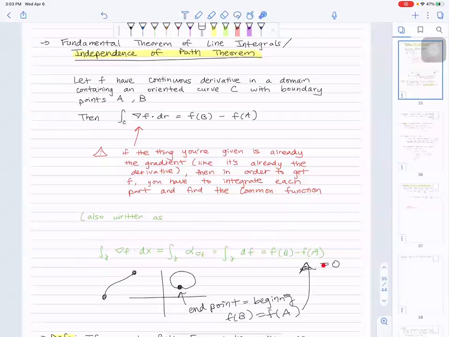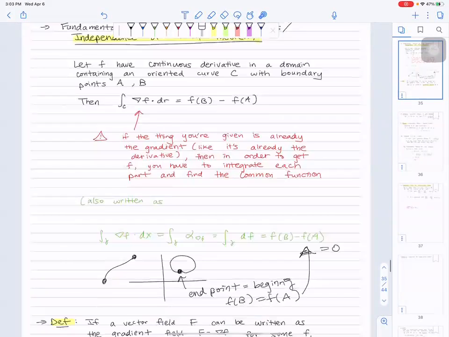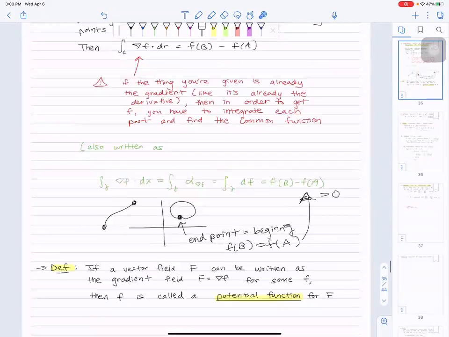You can only use this theorem if f is a gradient, which we will show by using the component test. Whenever we get a gradient one form, if we're not told to use the independence of path theorem, we first have to check that it is independent of path in order to use that theorem.